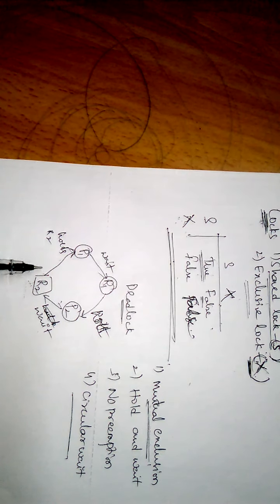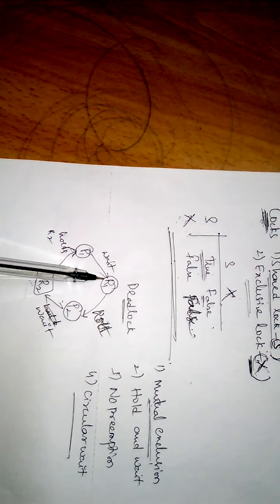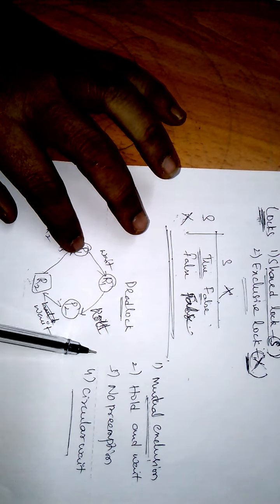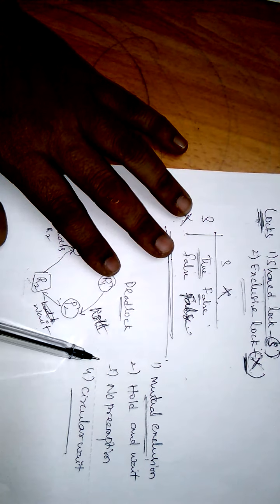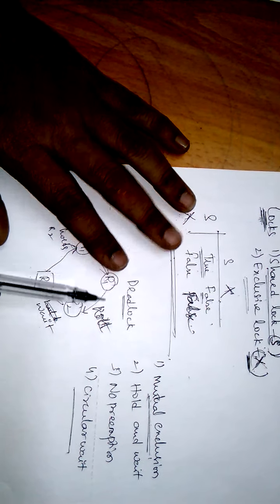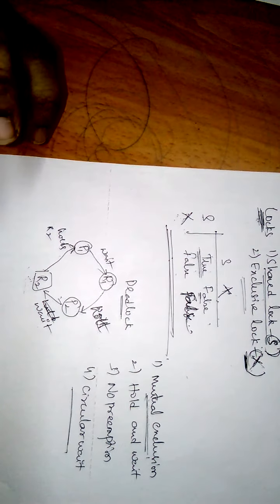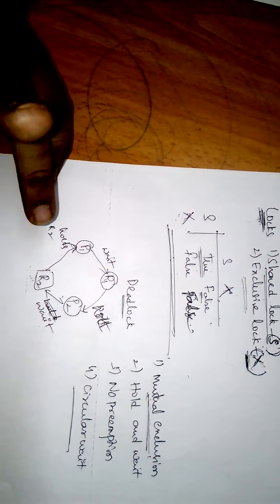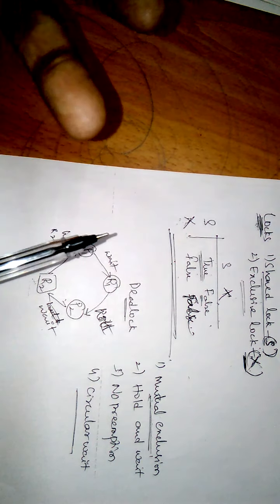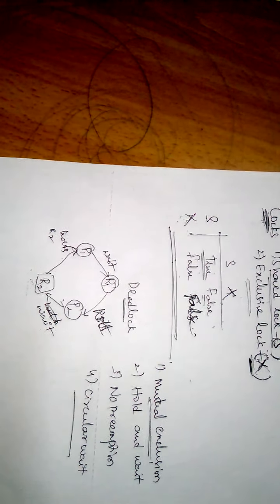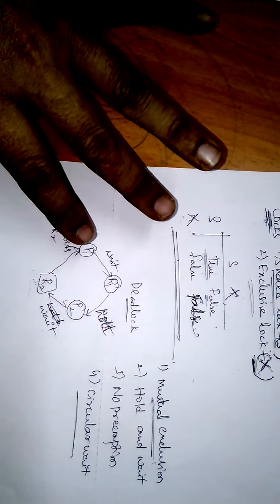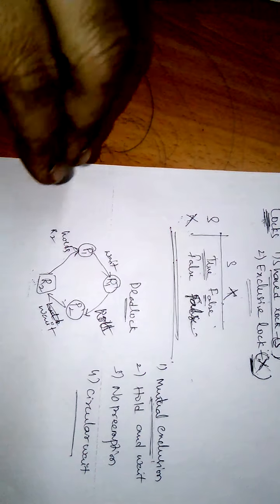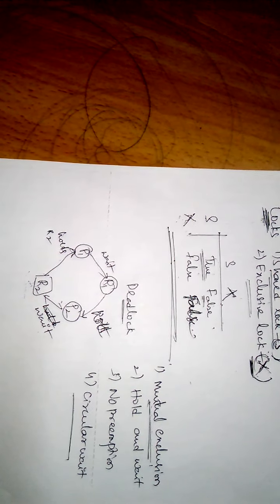P2 is waiting for a resource R2 which is held by P1. Now P3 will wait for a resource which is held by another process, and so on. That is called circular wait. To avoid this, we have to abort or cancel the situation. These are the four main conditions which may create a deadlock. So while executing transactions, we should be careful while locking items or resources. This is called deadlock.